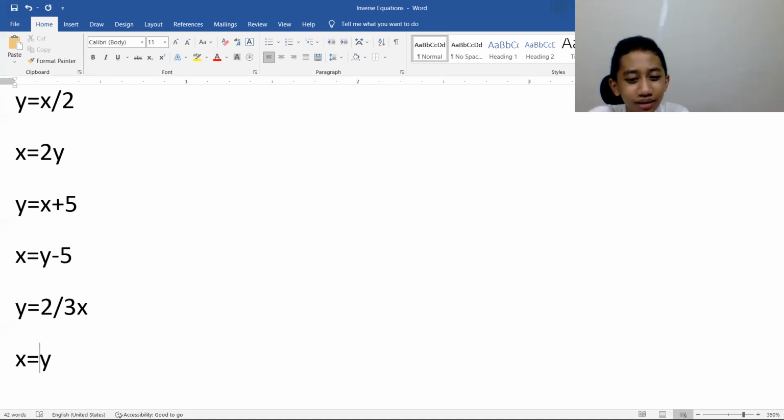It should be 3 over 2y. You might wonder, is that simple? Yes. You add 3 here and then it becomes 1. 3 over 2 equals 1.5, which means it's not the same. It needs multiplied by 2.